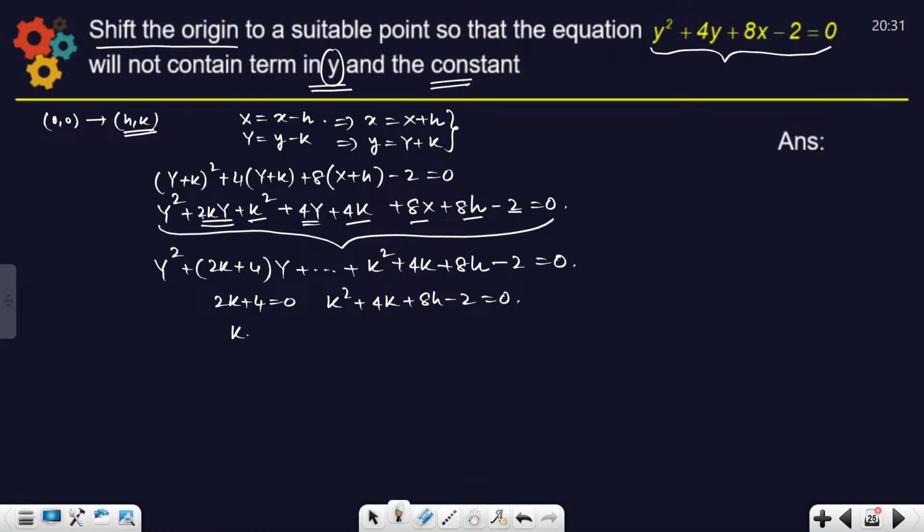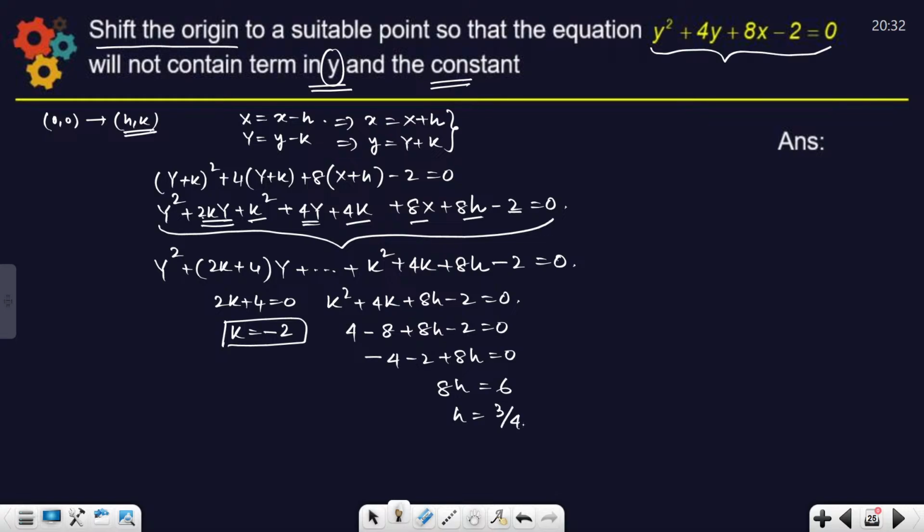So from here we are getting k as minus 2. And simply put k as minus 2 over here. So we are getting 6, so h is coming to 3 over 4.